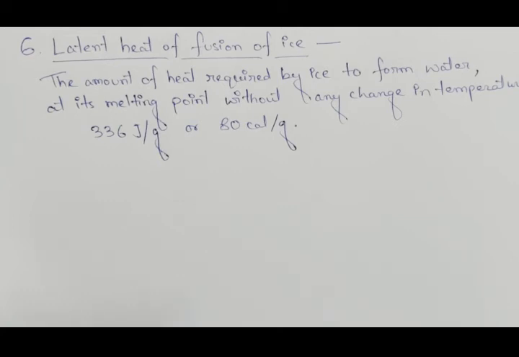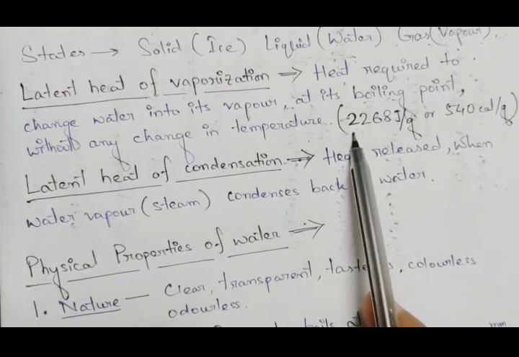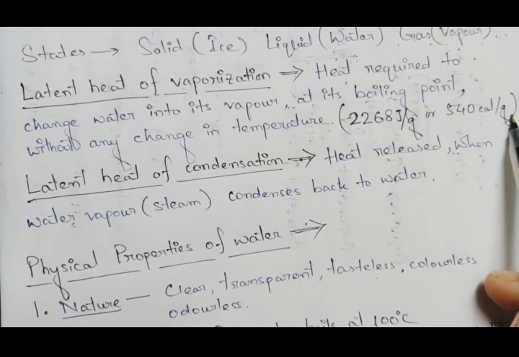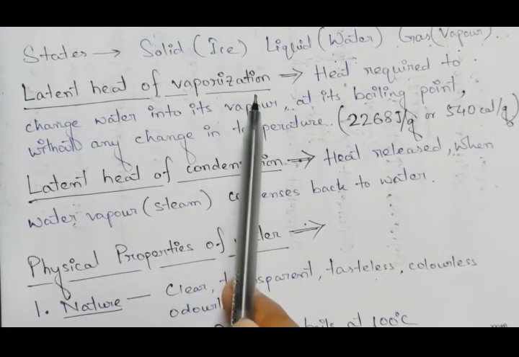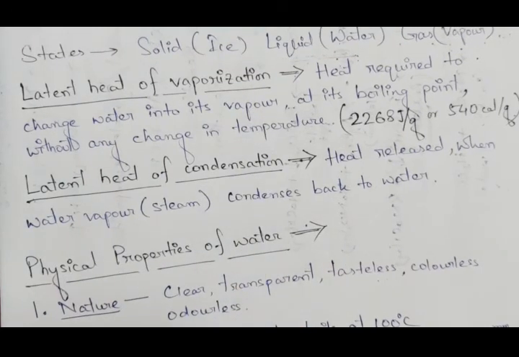Here is the value, this one and this one are the specific values of the latent heat of vaporization of water. Now, as in the case of the latent heat of fusion of ice, I said that it explains why lakes and rivers do not freeze suddenly, right?